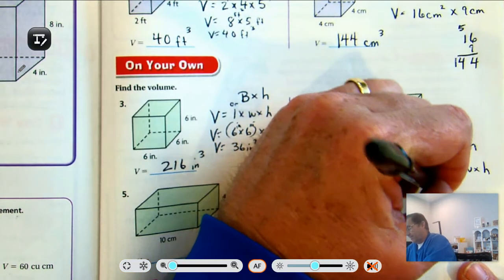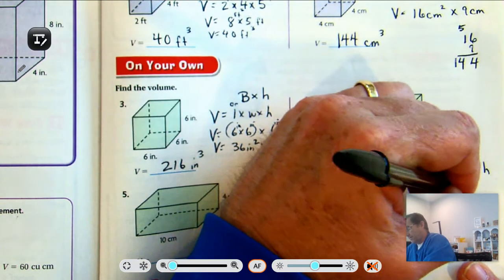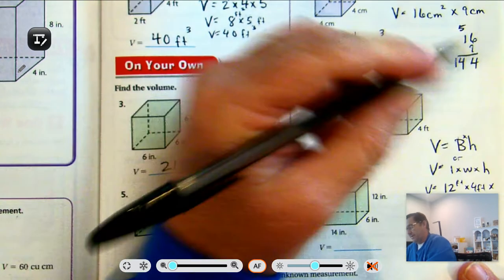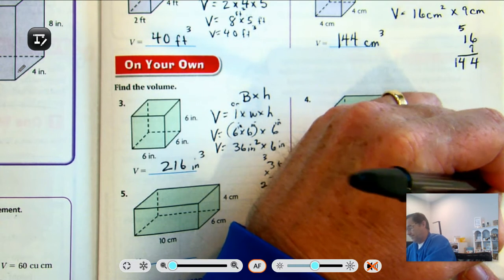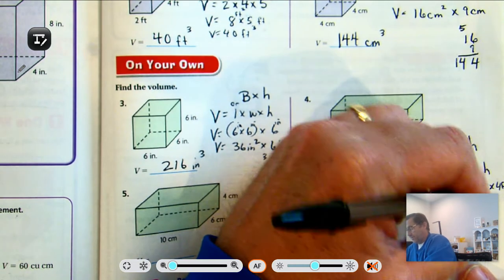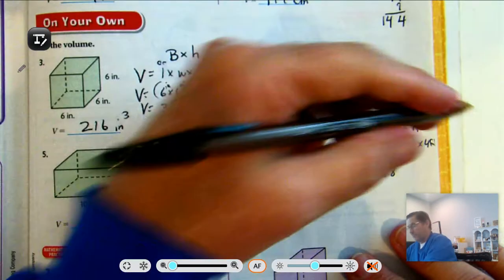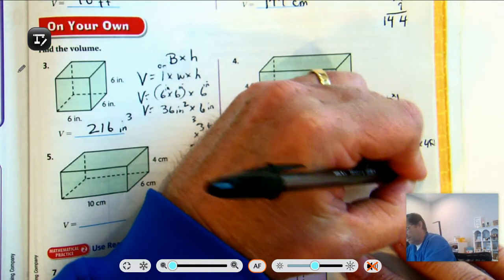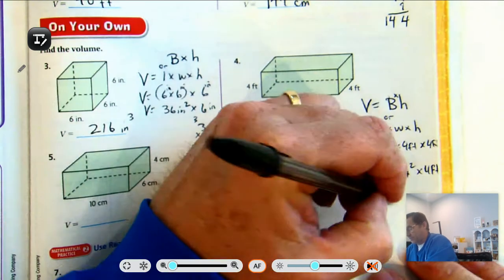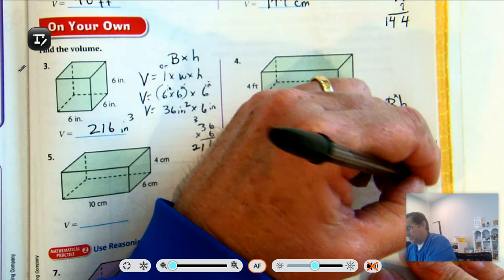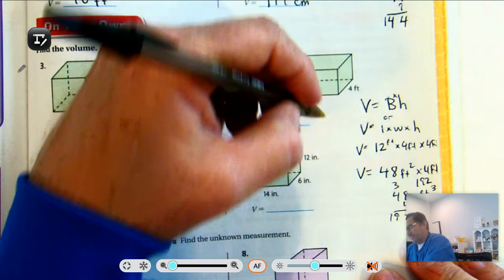Or I can write it out. 12 times 4 times 4. Okay, so 12 times 4 is 48. 48 feet squared is the base, and the height is 4. So 48 times 4, 192 cubic feet.